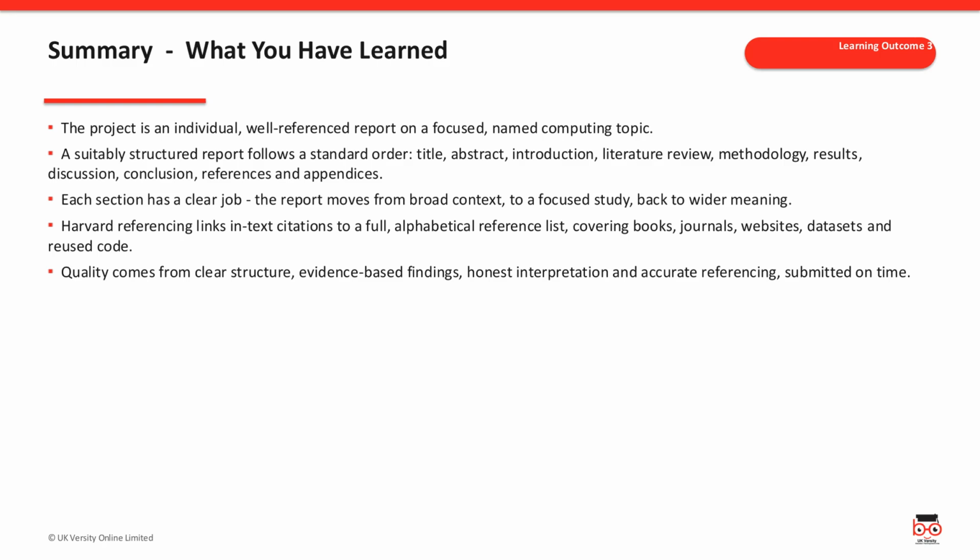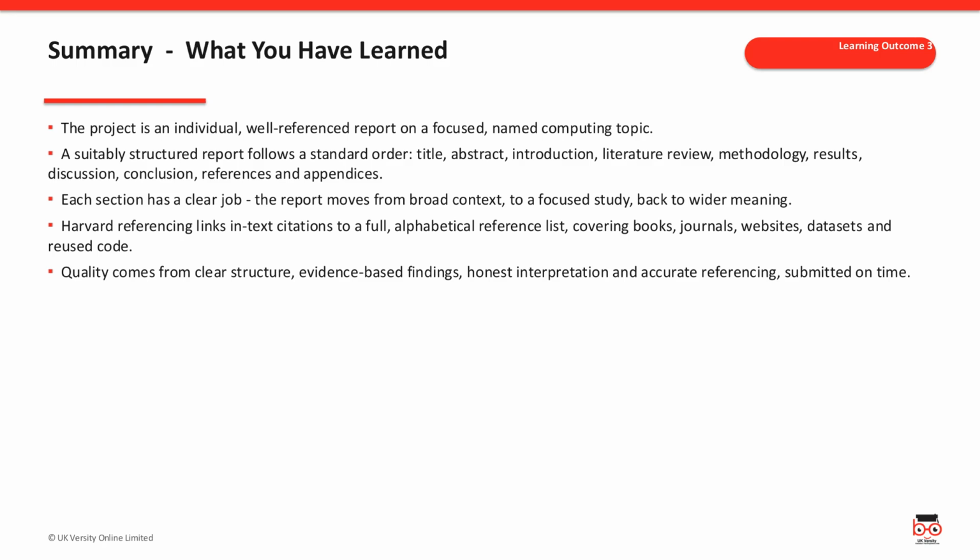Let's draw the final outcome together. The project is an individual, well-referenced report on a focused, named computing topic, and a suitably structured report follows a standard order: title, abstract, introduction, literature review, methodology, results, discussion, conclusion, references, and appendices.